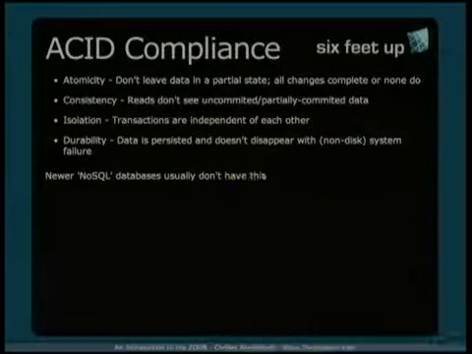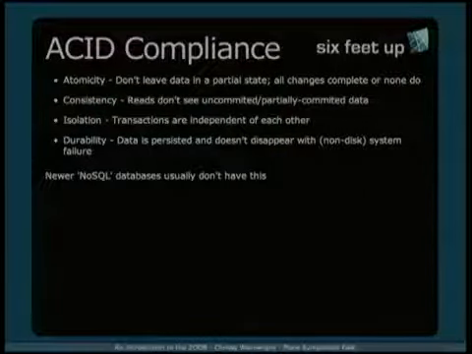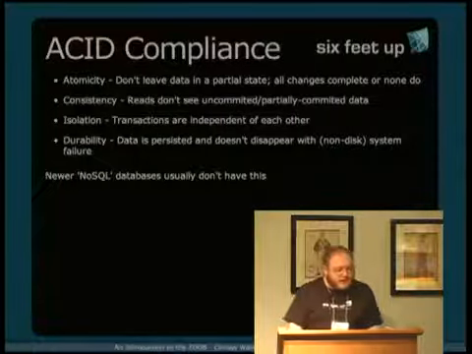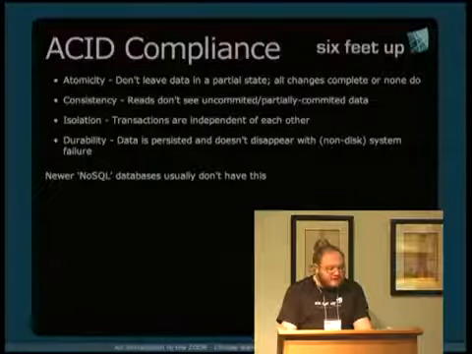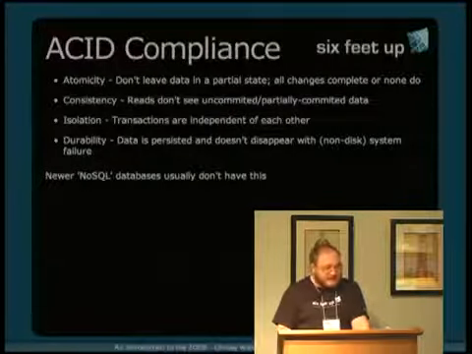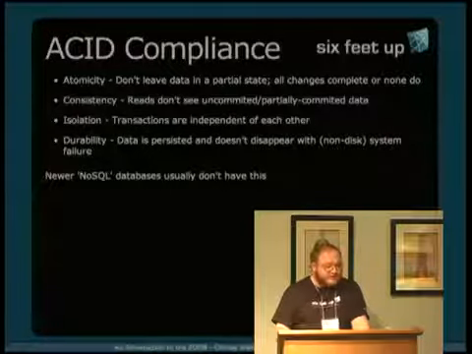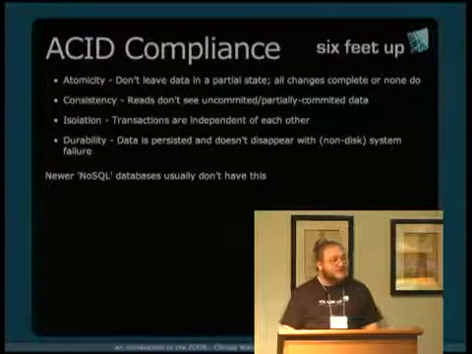Covering the ACID compliance, you might have heard the term come up with SQL databases, and with NoSQL databases in that they don't have it. Basically, there are 4 properties that a database needs to have to be ACID compliant. It needs to have atomic operations.